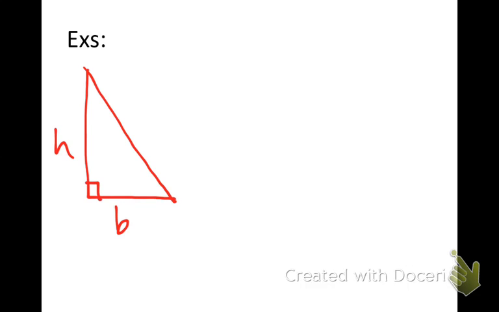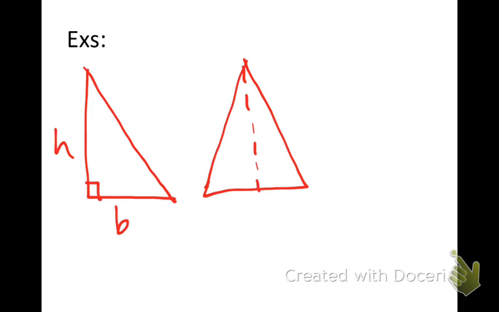So, examples of bases and heights in triangles. In a right triangle, your base and height are going to be the legs. You can take this isosceles triangle or scalene triangle, either one, and we drop the altitude from the vertex perpendicular to the base. That's height.